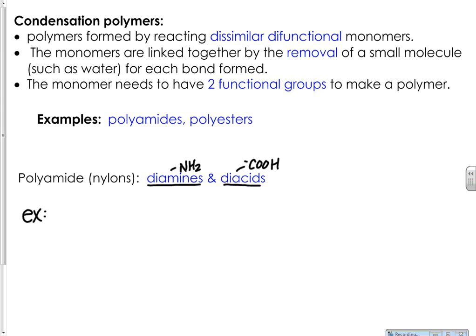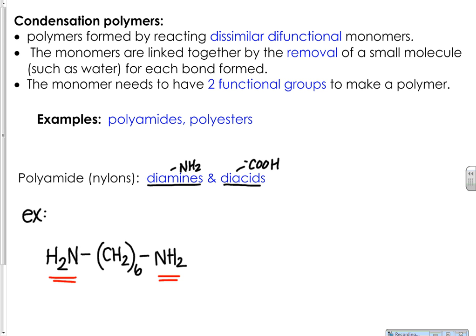So whatever amine I pick, I'm just going to draw an amine, and we'll just put a carbon chain in the middle here. This is considered difunctional because there are two amine functional groups.